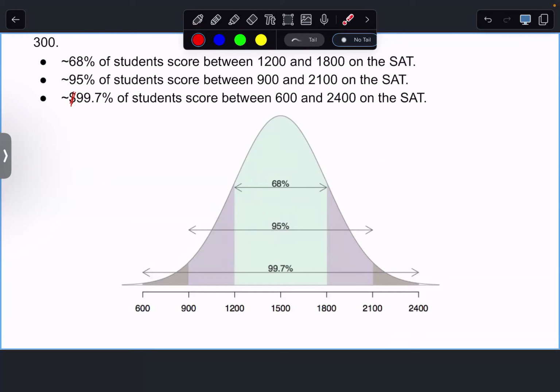So what you could do is start from mu, 1500, subtract 300, one standard deviation, subtract another 300, subtract another 300, add 300, add 300, add 300. And then you could have cutoff points that you could look at, right?